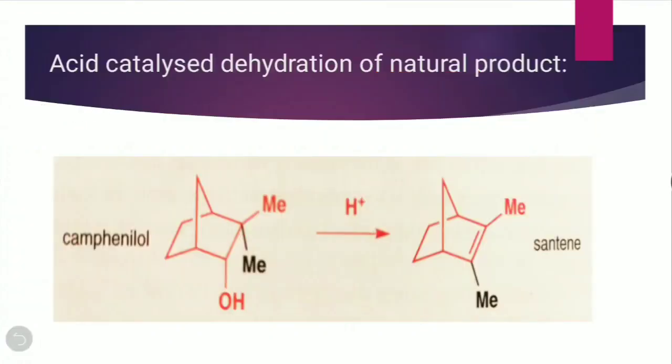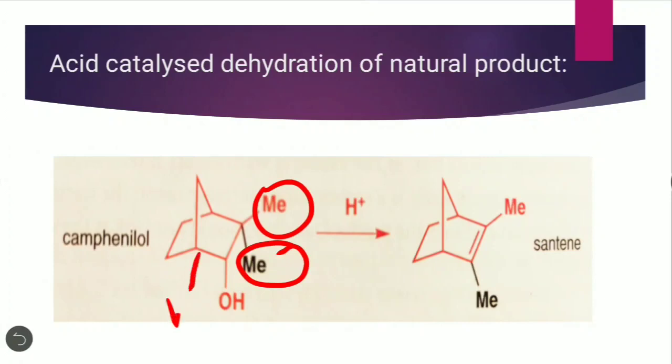Wagner-Meerwein rearrangement is a 1,2-shift rearrangement in which a hydrogen or an alkyl group present near a cationic center migrates from one carbon to a neighboring carbocation.